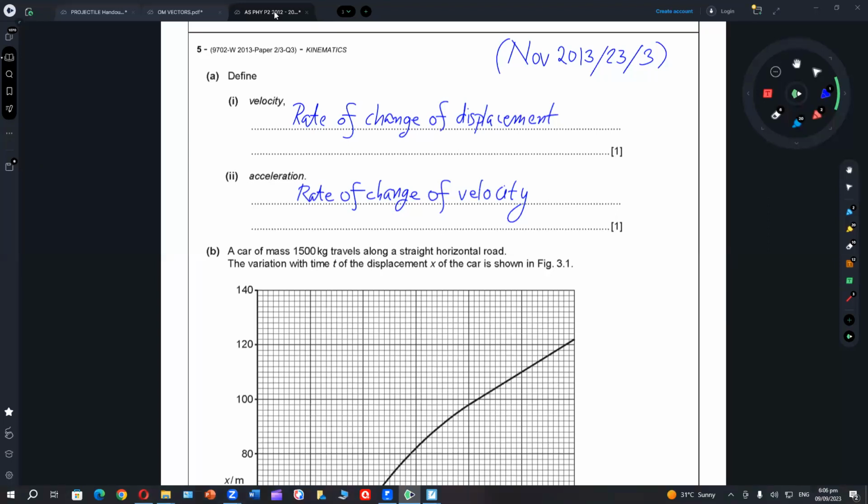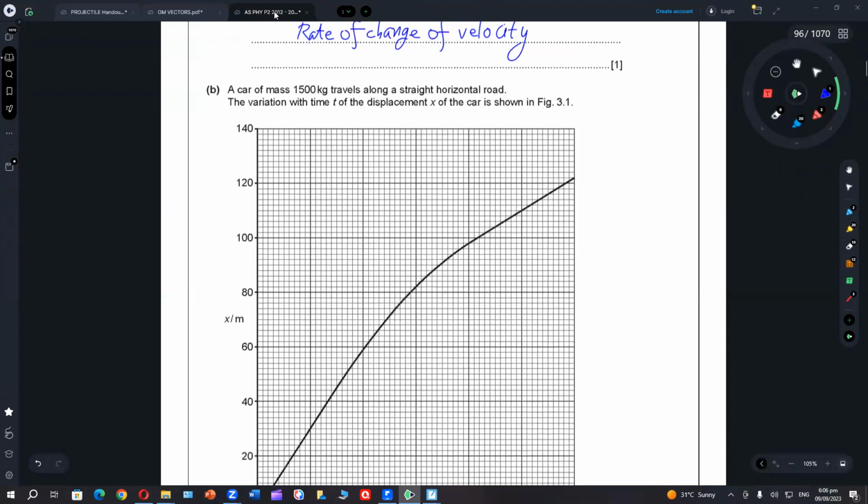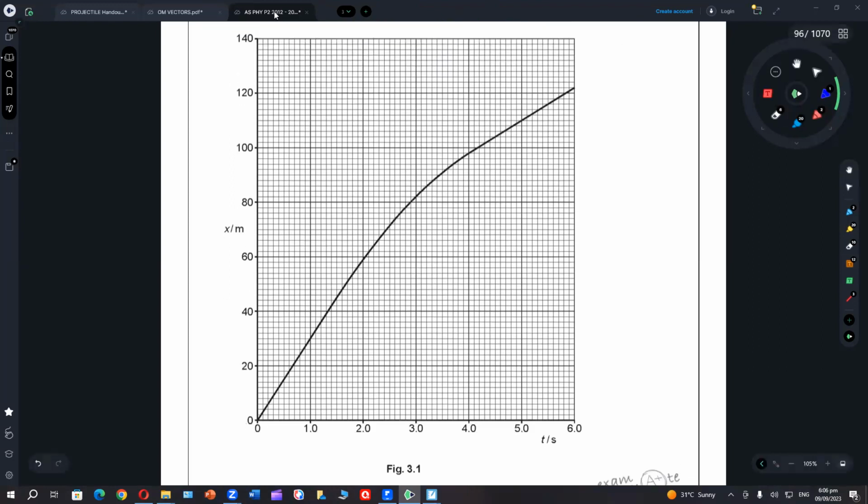Now you move forward and read the next part. A car of mass 1500 kg travels along a straight horizontal road. The variation with time of the displacement x of the car is shown. Y-axis is distance and x-axis is time.